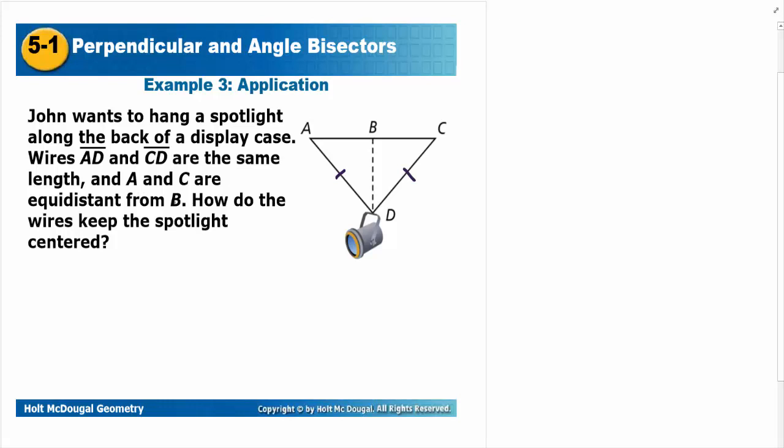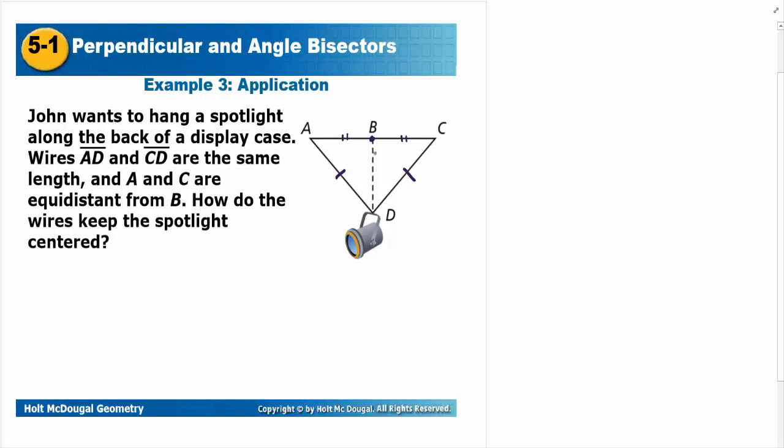And A and C are equidistant from B. They're telling you that from B, these are the same length. That's what equidistant means. So how do the wires keep the spotlight centered?